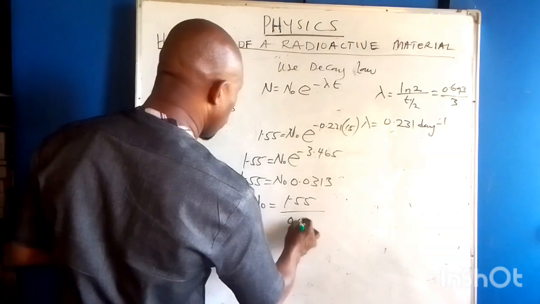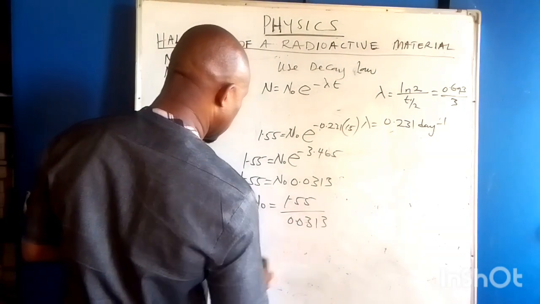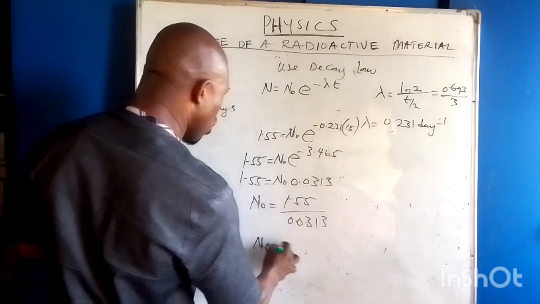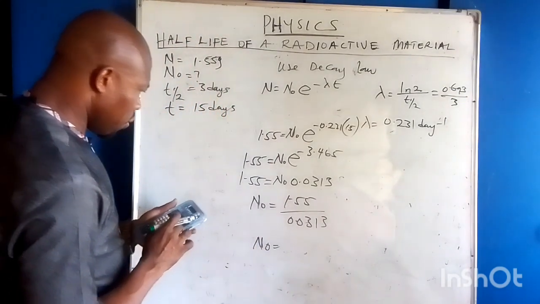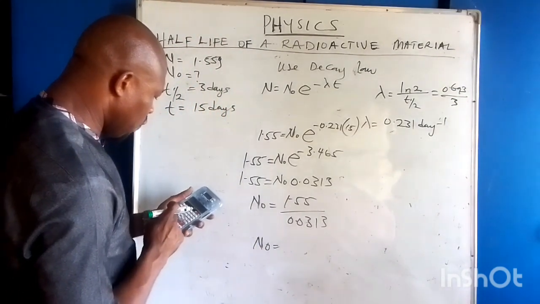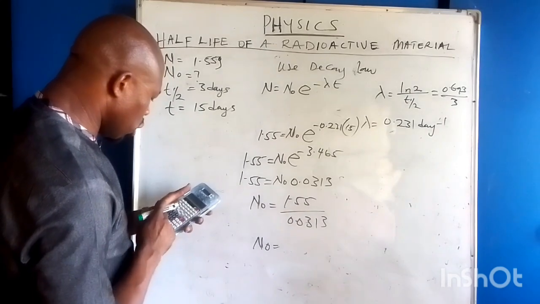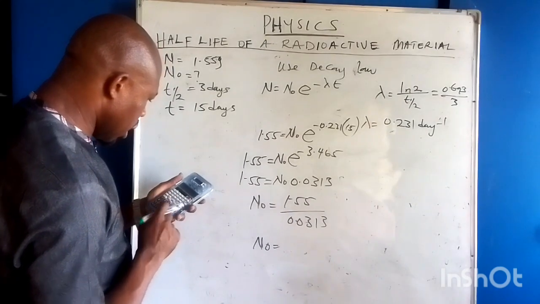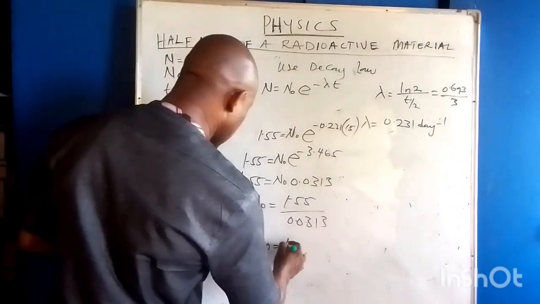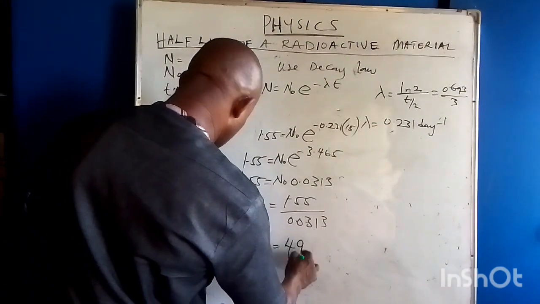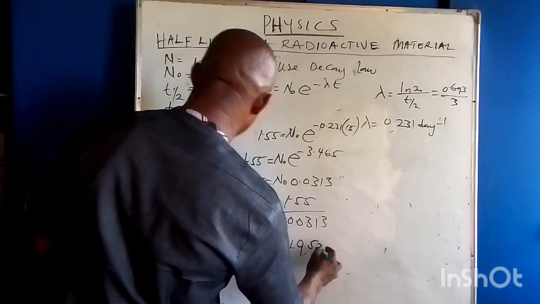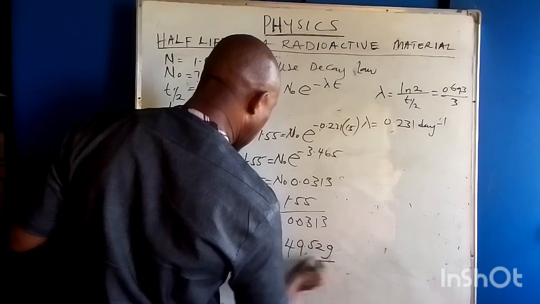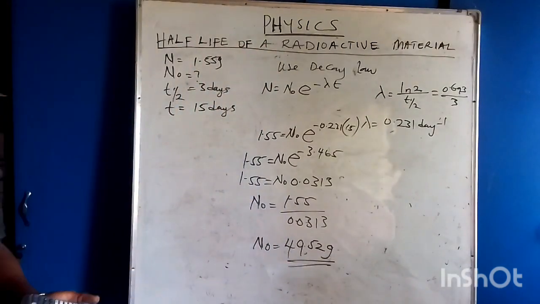Now if we make N naught the subject here, we have 1.55 all over 0.0313. The original number is 1.55 divided by 0.0313, and we will get 49.52 grams as the original mass.